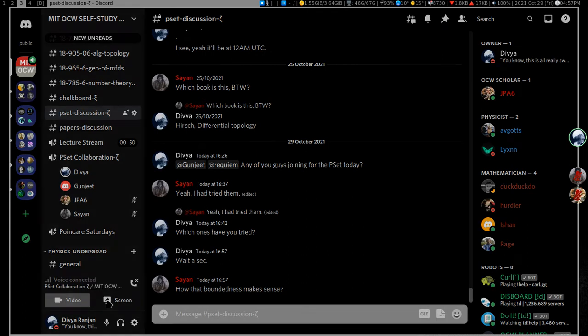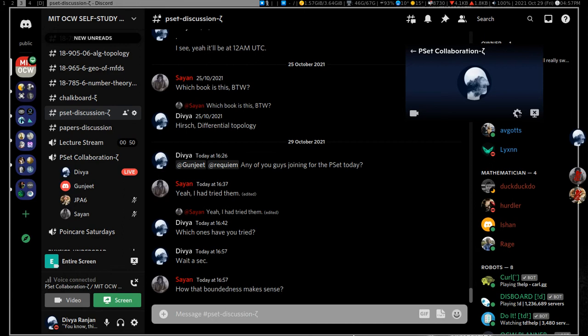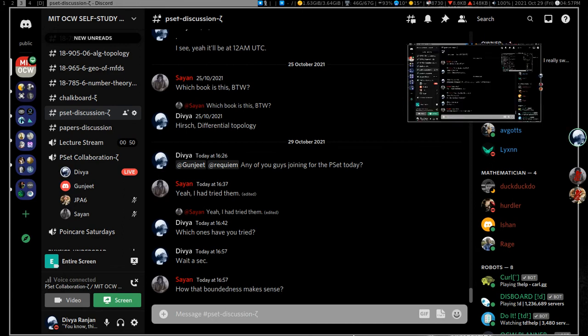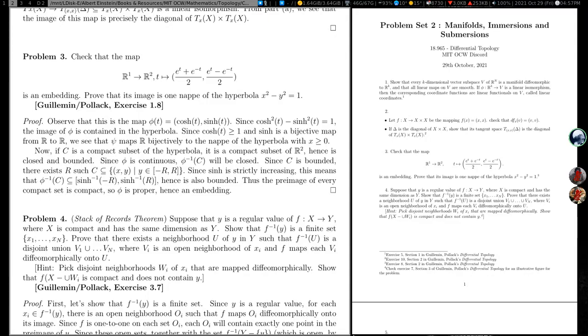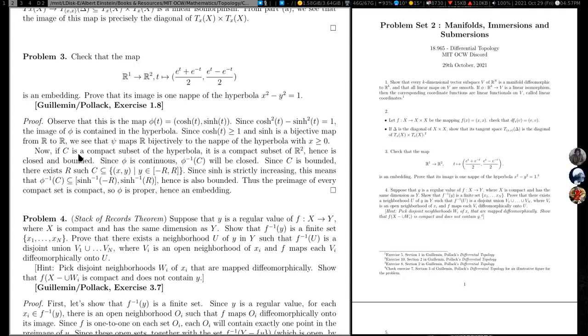Okay, can you hear me? So how does that boundedness make sense? Are you talking about the boundedness of this pre-image of C? It is because C is bounded, so you have an R such that C is a subset of this.